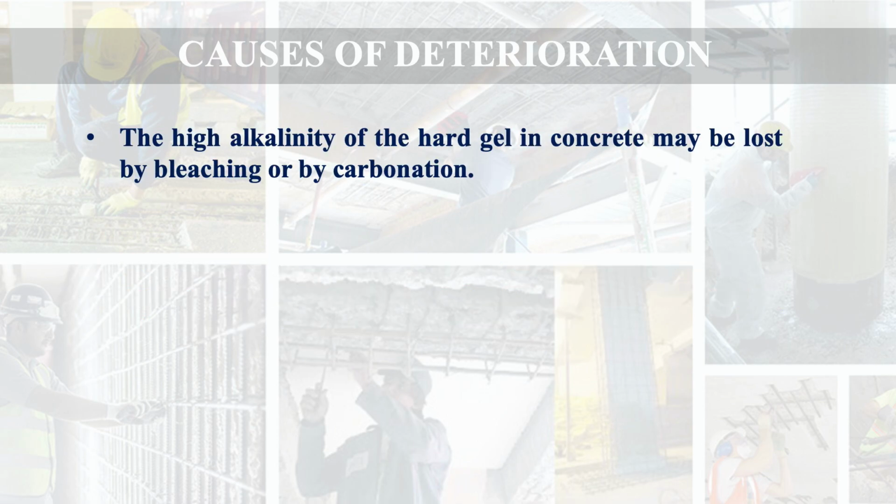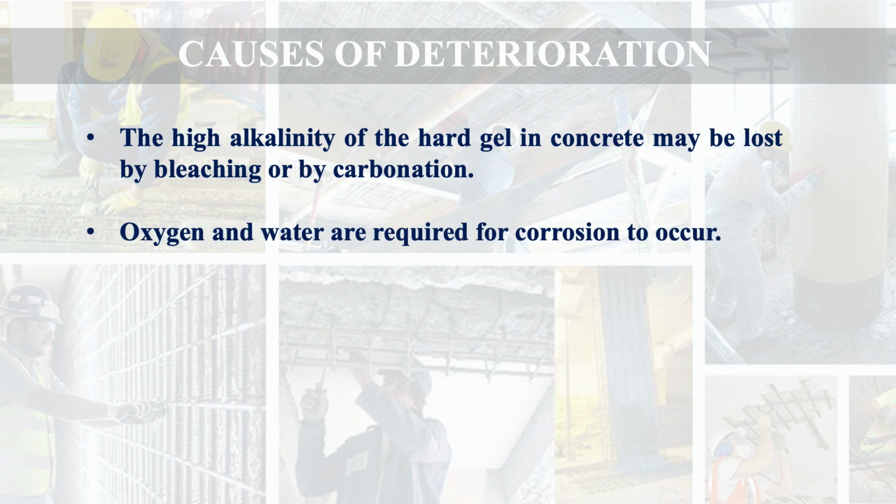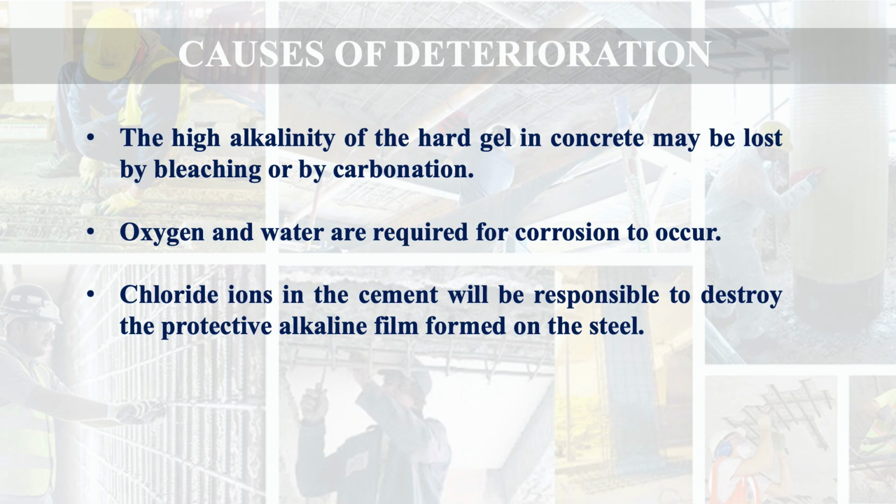The high alkalinity of the hard gel in concrete may be lost by bleaching or by carbonation. Oxygen and water are required for corrosion to occur, that you know. Chloride ions in the cement will be responsible to destroy the protective alkaline film formed on the steel.